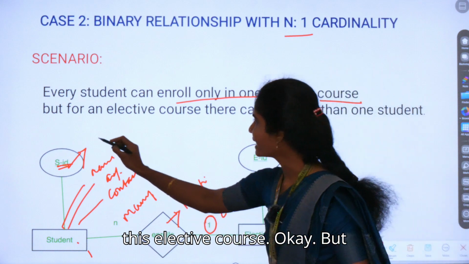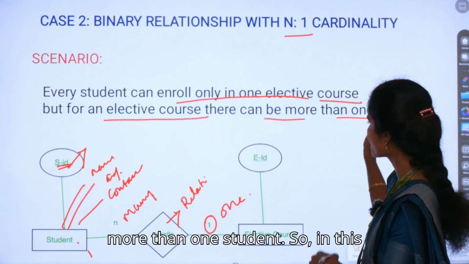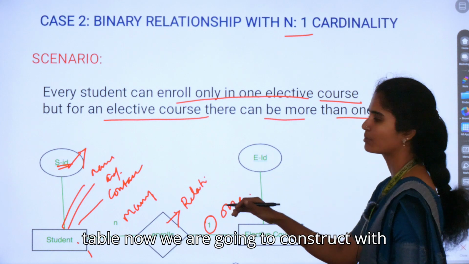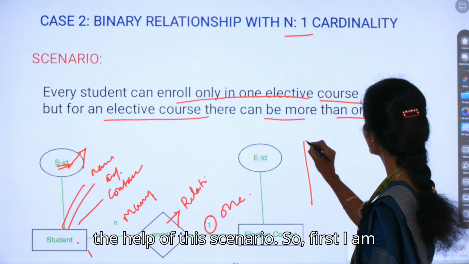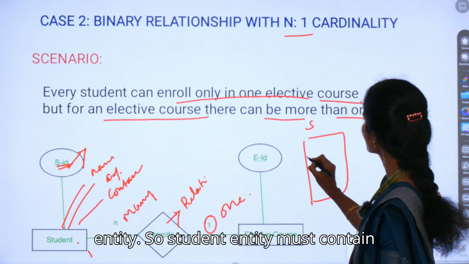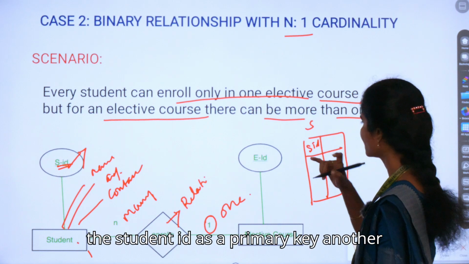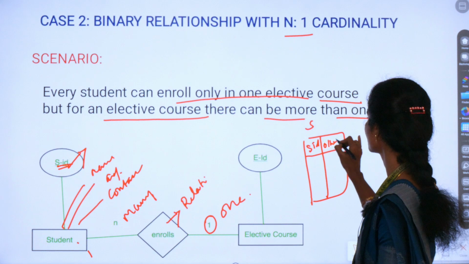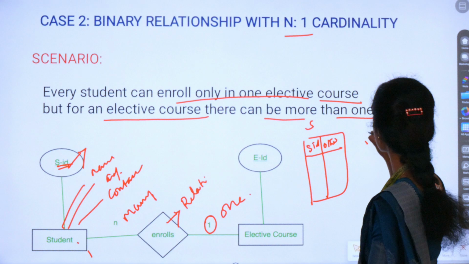But for an elective course there can be more than one student. So in this table we are now going to construct with the help of this scenario. First I am going to construct the student entity. The student entity must contain the student ID as a primary key and other attributes. The next one is enrolls.